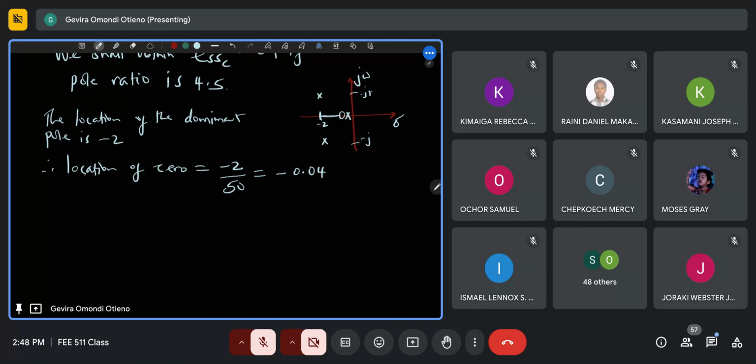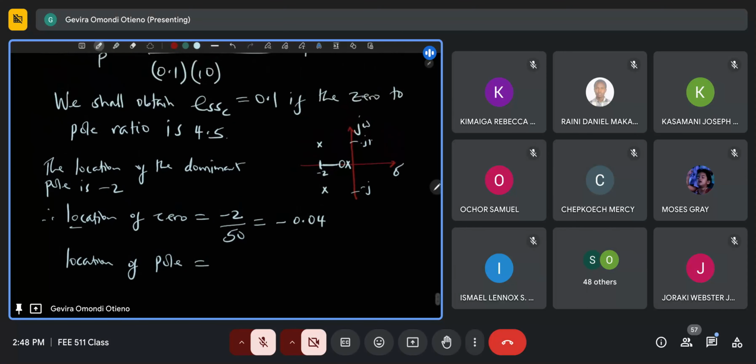So therefore, if that is the location of the zero, the location of the pole should be, remember, the ratio of the zero to the pole should be 4.5. So the zero location is at minus 0.04, and I have to divide by 4.5 for me to know the location of the pole, so that the ratio is 4.5.